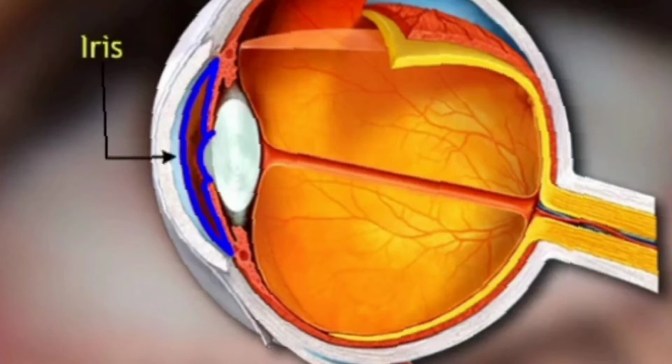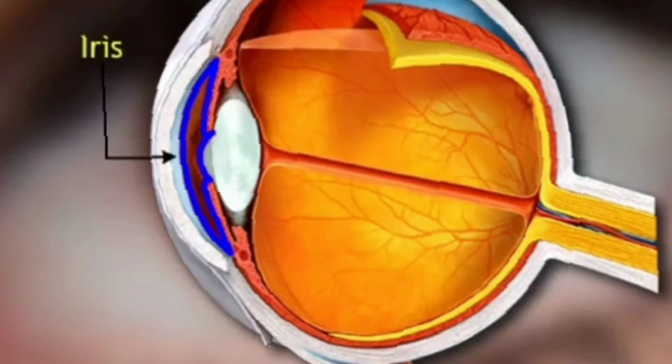Now the color of the iris is different for different people. Some have black eyes, some have cat eyes, right? So what is that color? Brown colored eyes or blue colored eyes? This is due to the color of the iris.